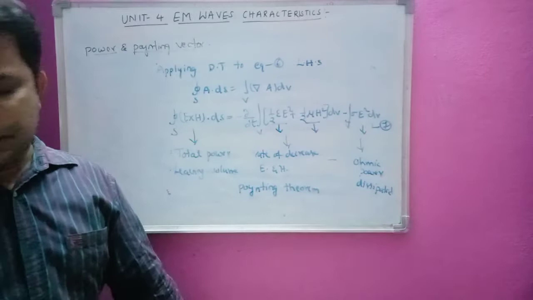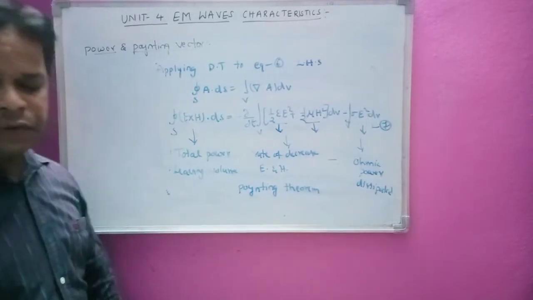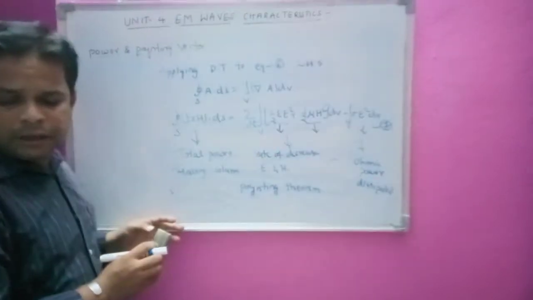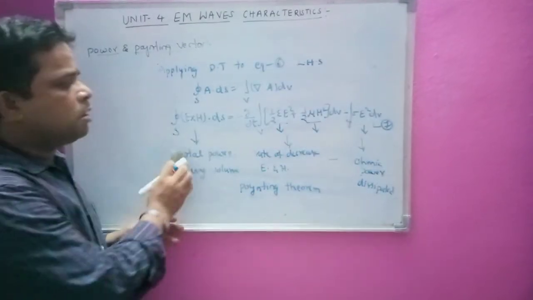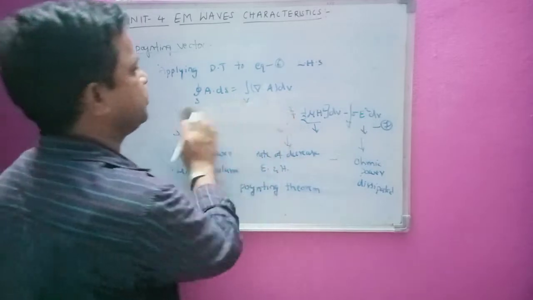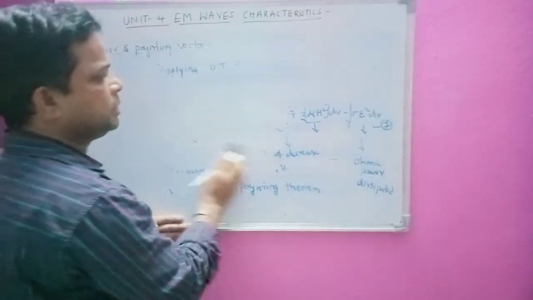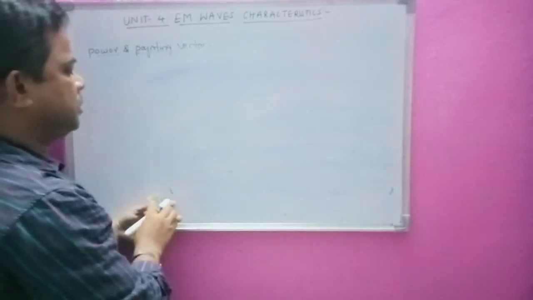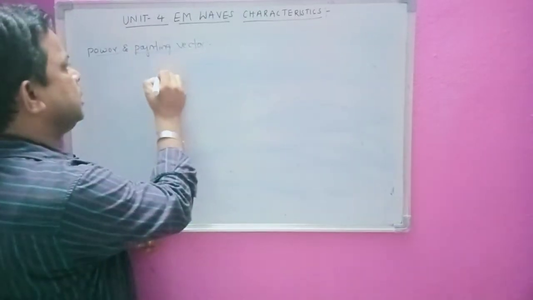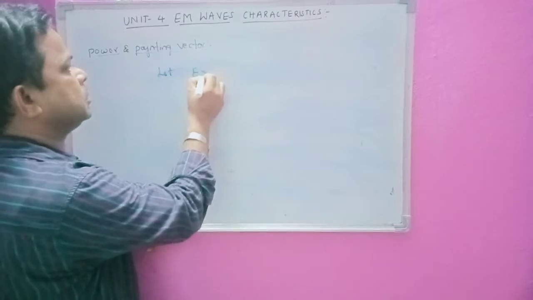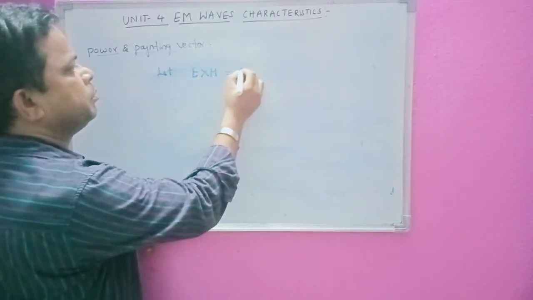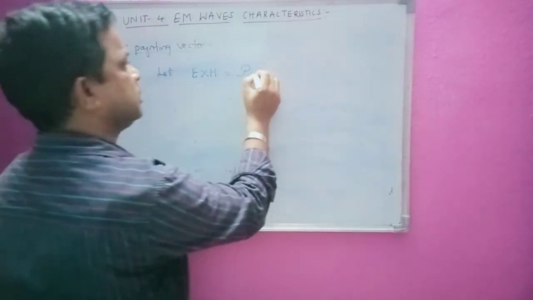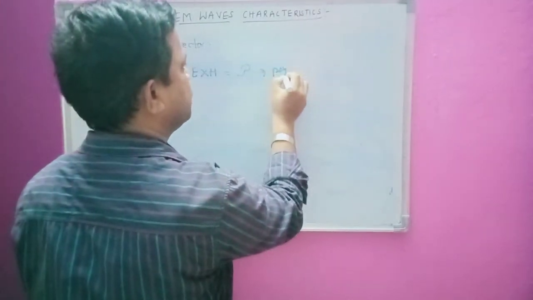Now on the left hand side of this equation we have E cross H. We are going to represent E cross H with a new letter called the Poynting vector, P. Let E cross H be equal to P, referred to as the Poynting vector.